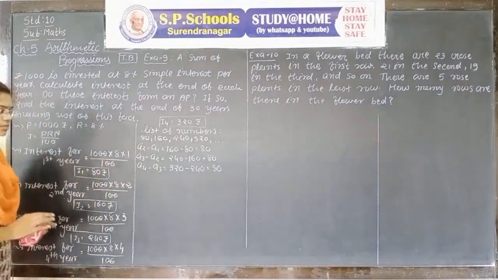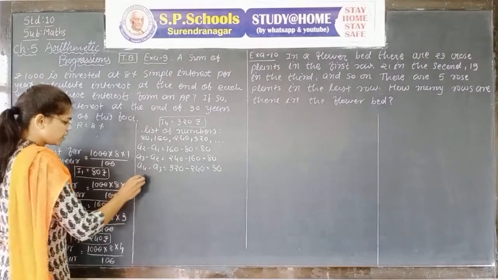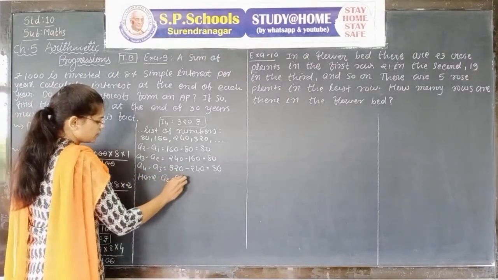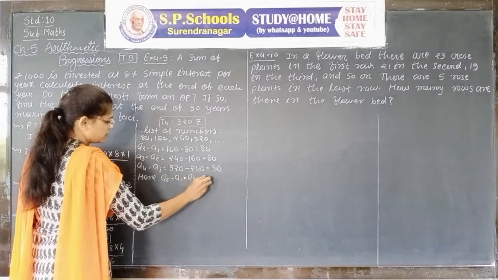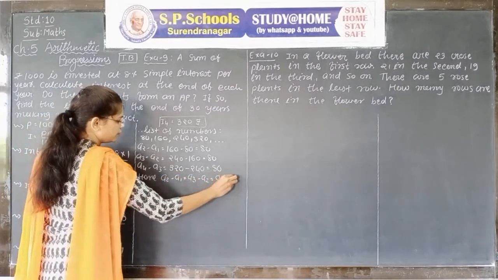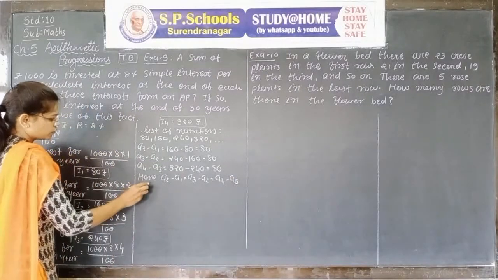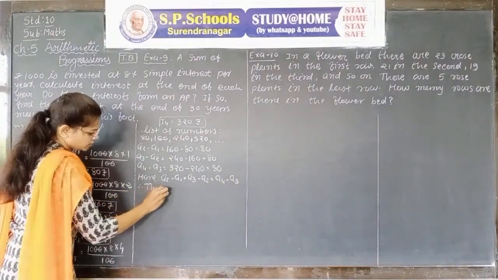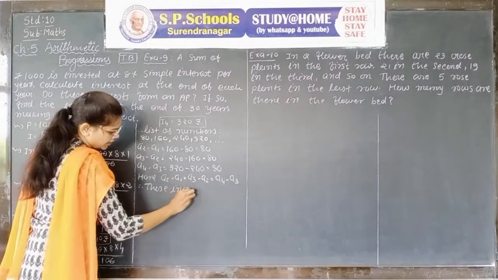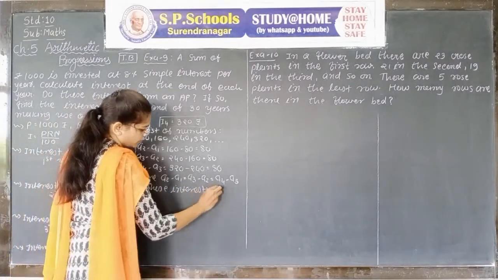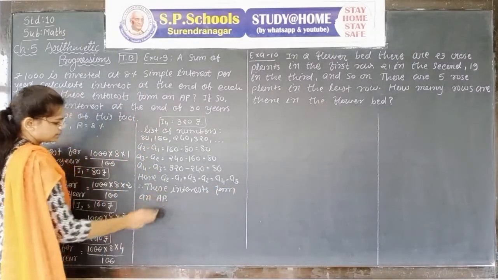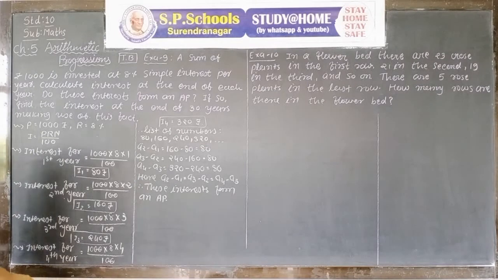Here the differences between two consecutive interests are equal. A2 minus A1 is equal to A3 minus A2 is equal to A4 minus A3. Therefore, these interests form an AP.